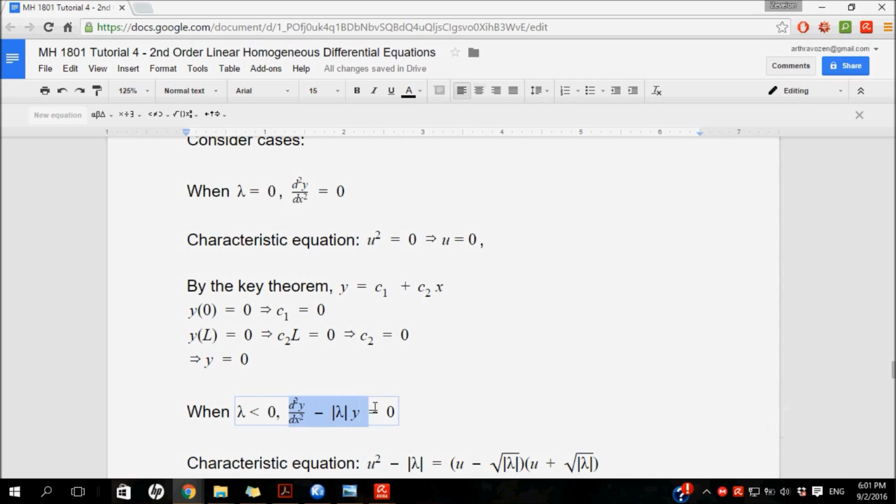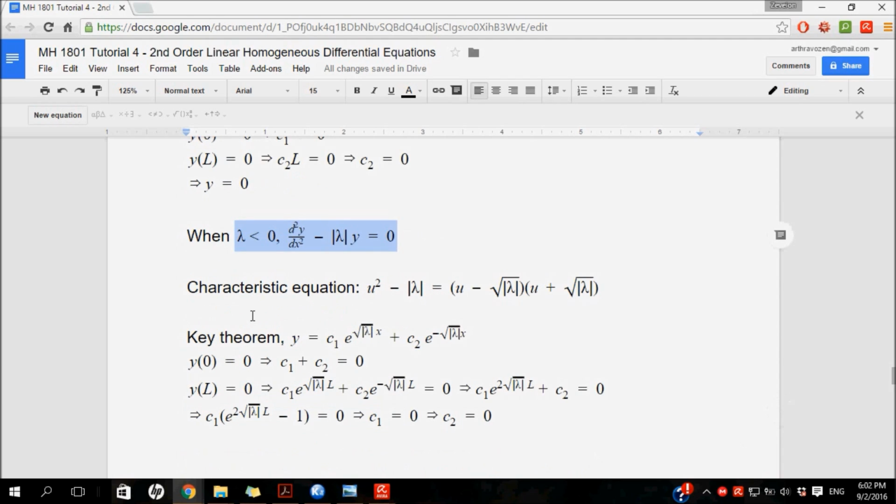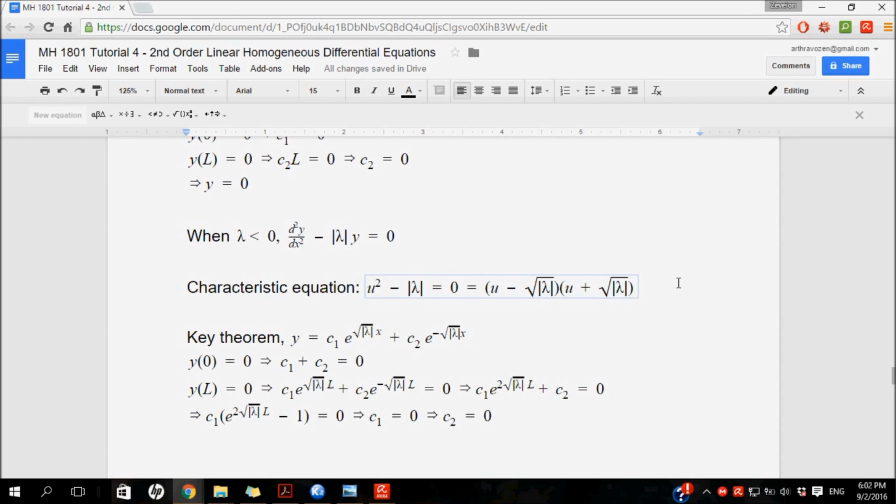So this is the differential equation that we should get. We take a look at the characteristic equation, and here we see that these must be the roots. As you can see, these are real roots, but they are both not equal to each other. So the key theorem tells us the general solution is in this form.